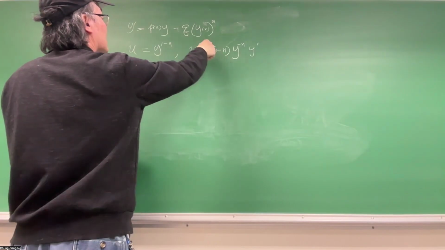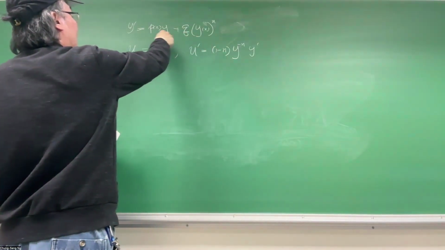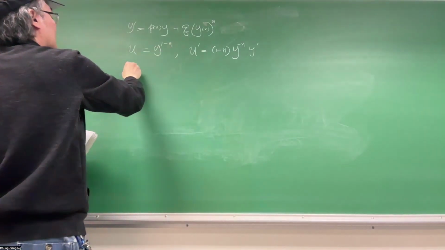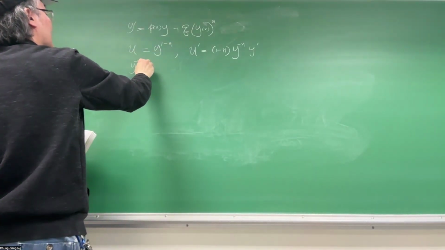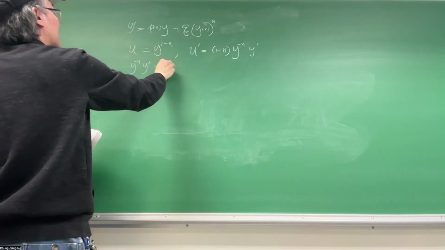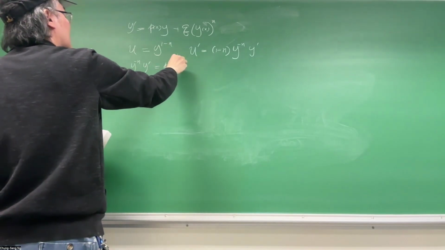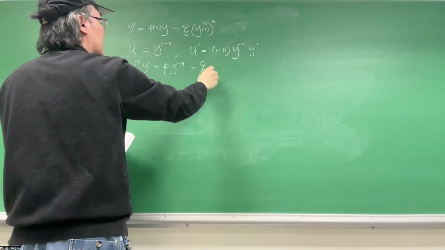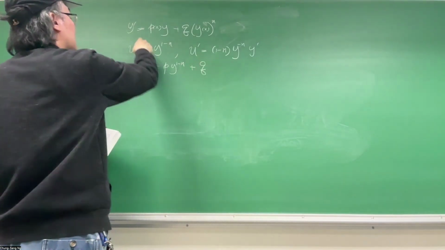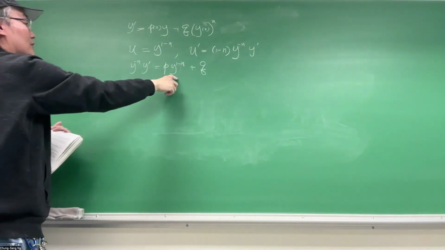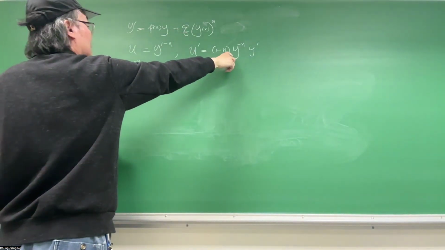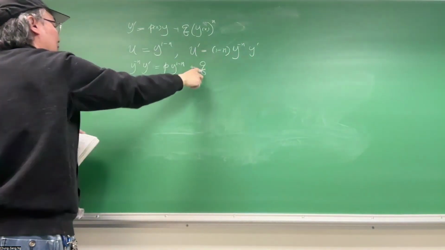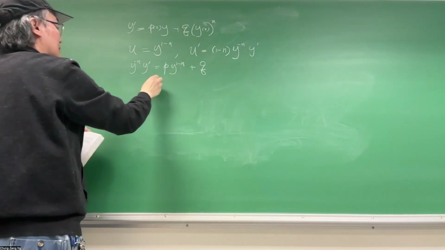What you can do is multiply the first equation by y to the minus n power: y to the minus n power times y prime equals p y to the 1 minus n plus q. Right? Let's change this first. Now you can use that: y to the minus n power times y prime is u prime divided by 1 minus n.